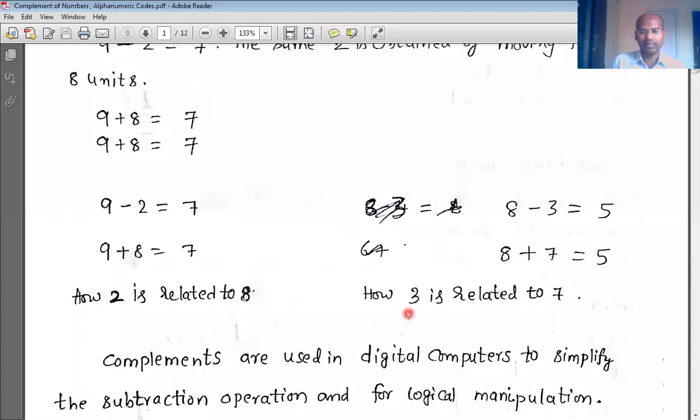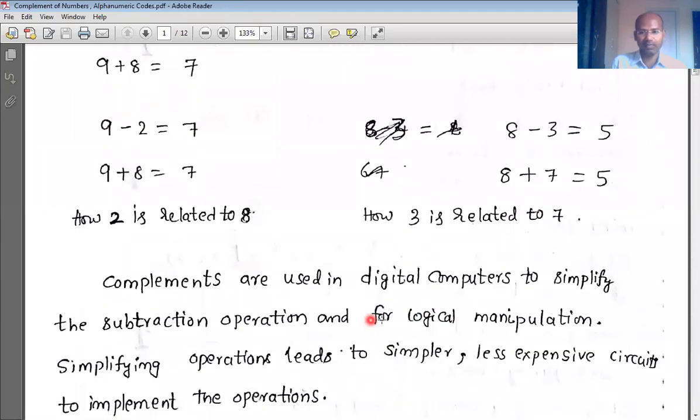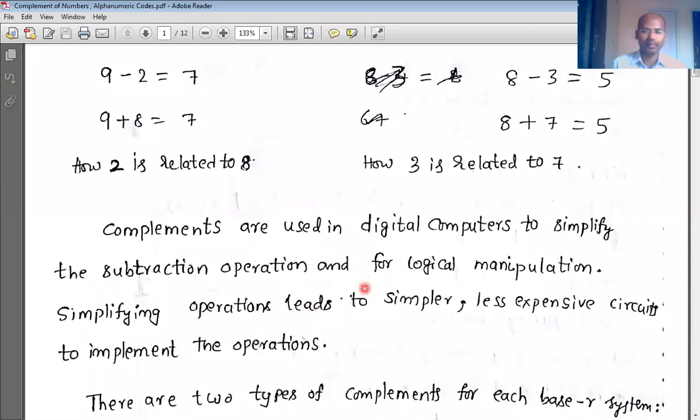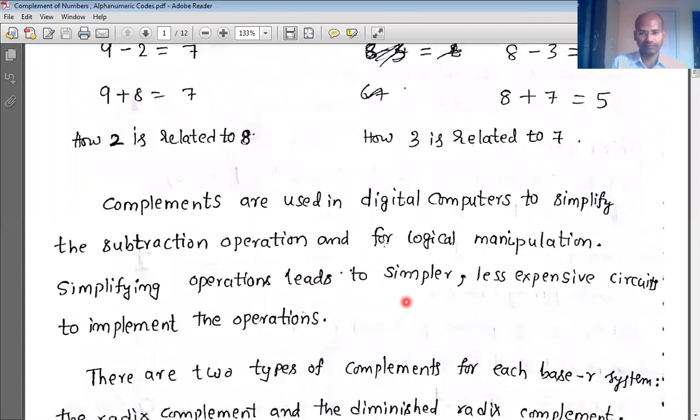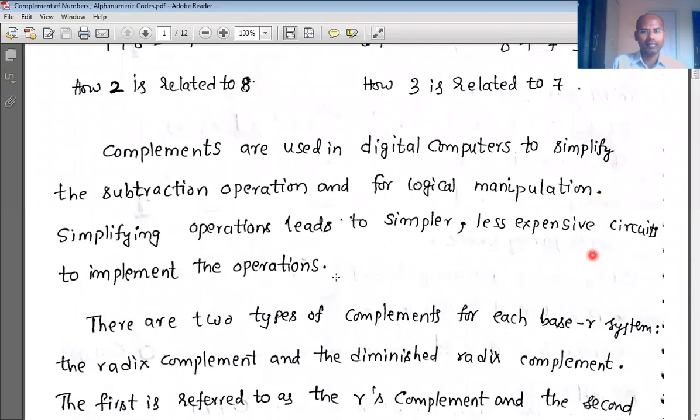Now let's begin with the normal classroom understanding. Complements are used in digital computers to simplify the subtraction operation and for logical manipulation. Simplifying the operation leads to simpler, less expensive circuits to implement the operation.